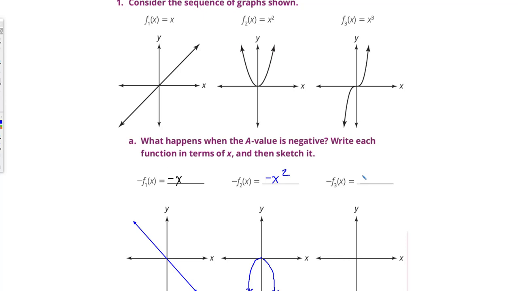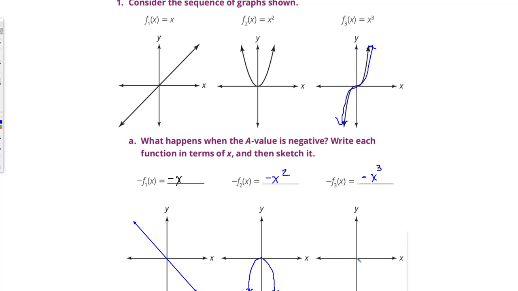So on my cubic, it's going to become negative x cubed. So originally, as I went right, I went up. As I went left, I went down. What do you think it's going to do if I have a negative in front? It'll flip over the y-axis.